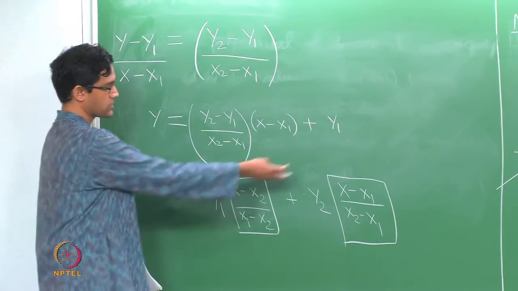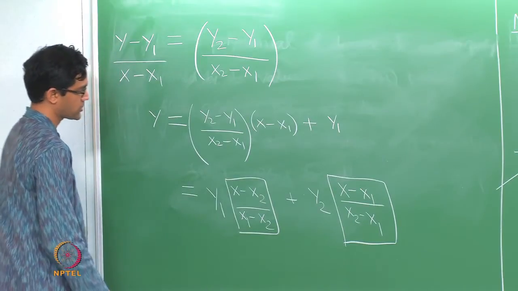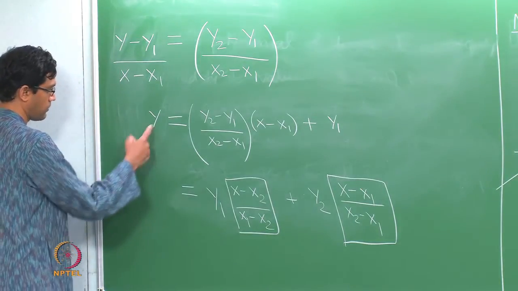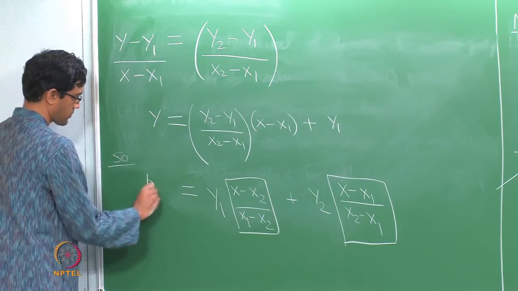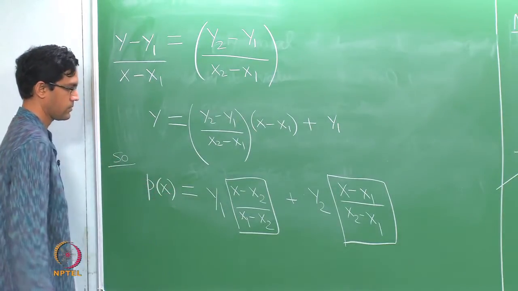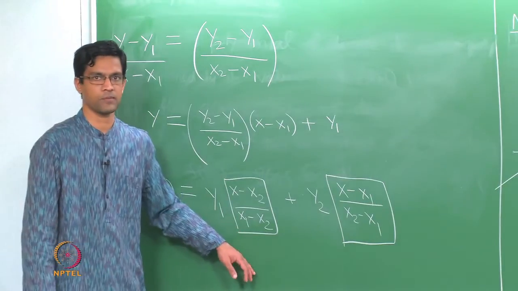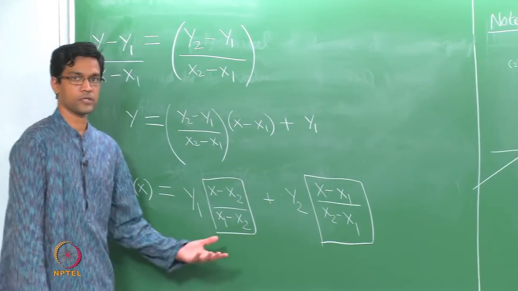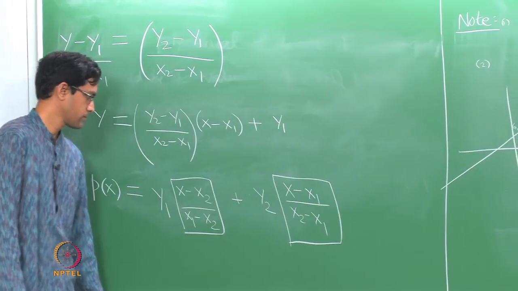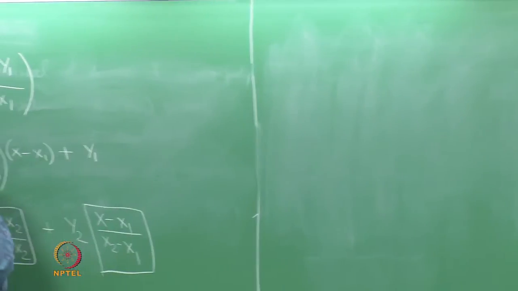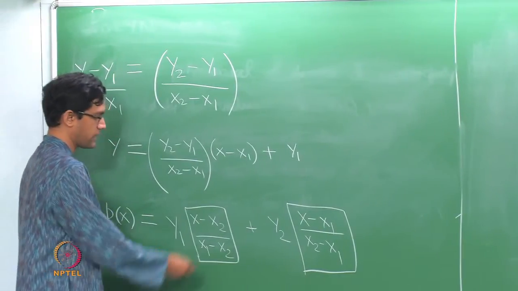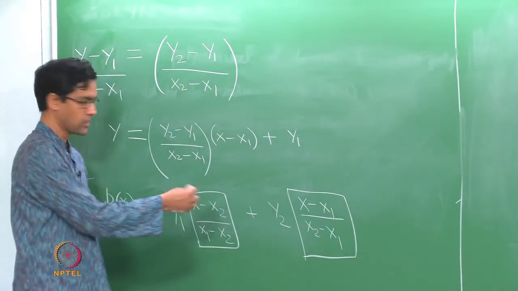So here's the polynomial p of x that we want. Okay, y is just another name for the polynomial p of x. So here's the solution to the interpolation problem for the case d equals 1. We'll soon see that in fact this has a very natural generalization.